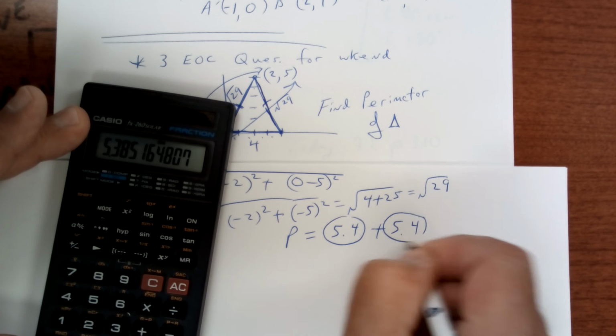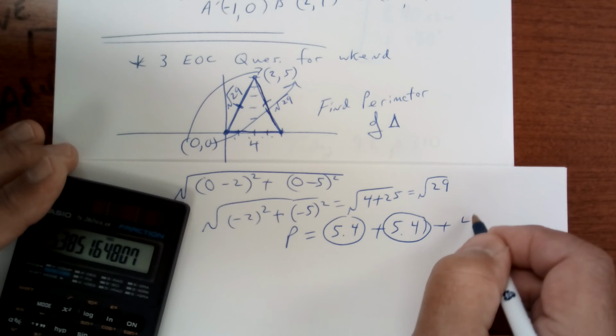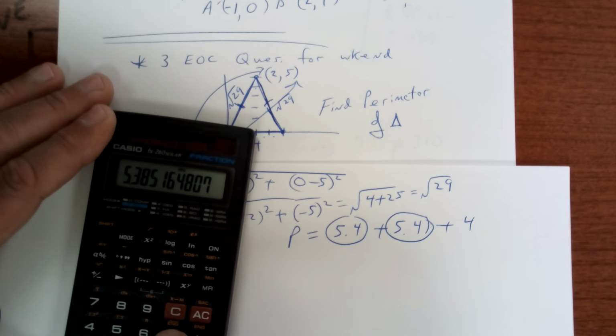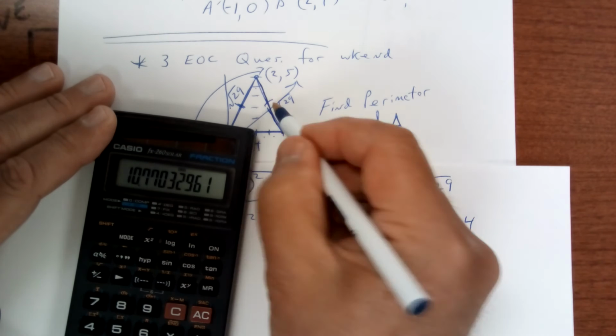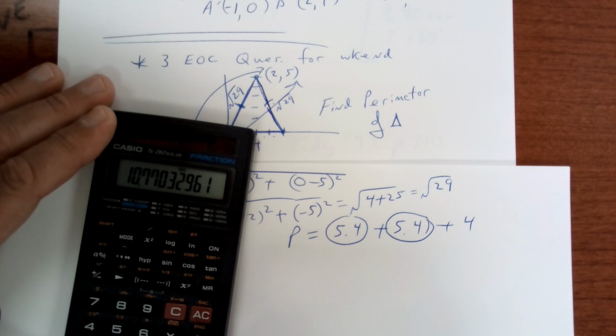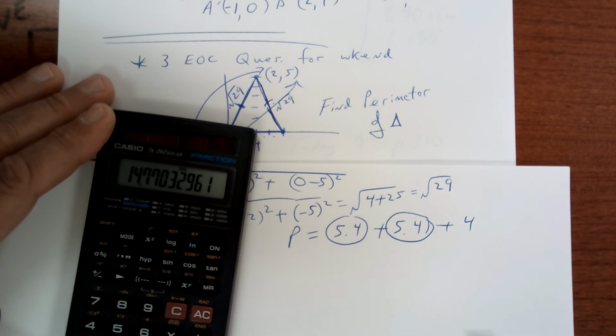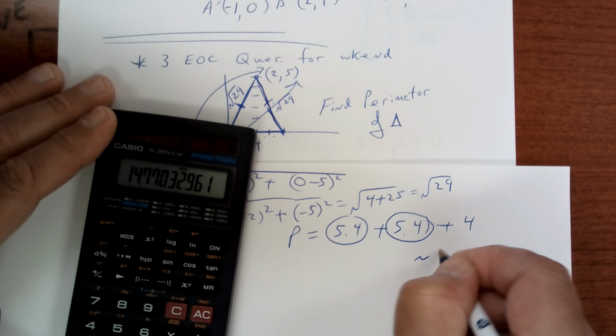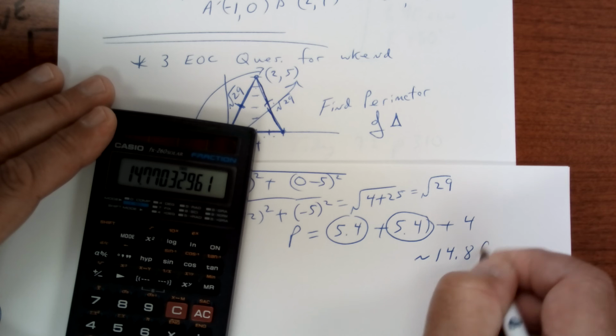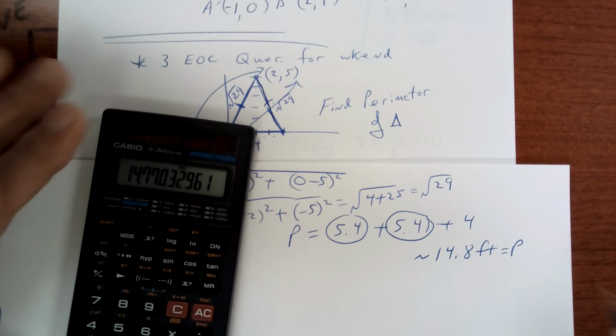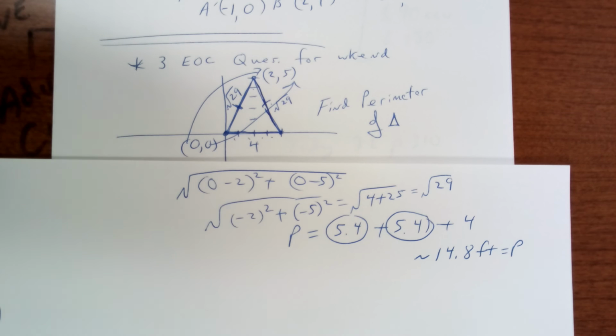And then plus, you got 4 at the bottom. So times 2, because you got 2 of those, it's an isosceles triangle, and then plus 4. And this is the exact answer. I get 14.8 feet is the perimeter. Okay? And again, these are the 3 problems you're going to have.